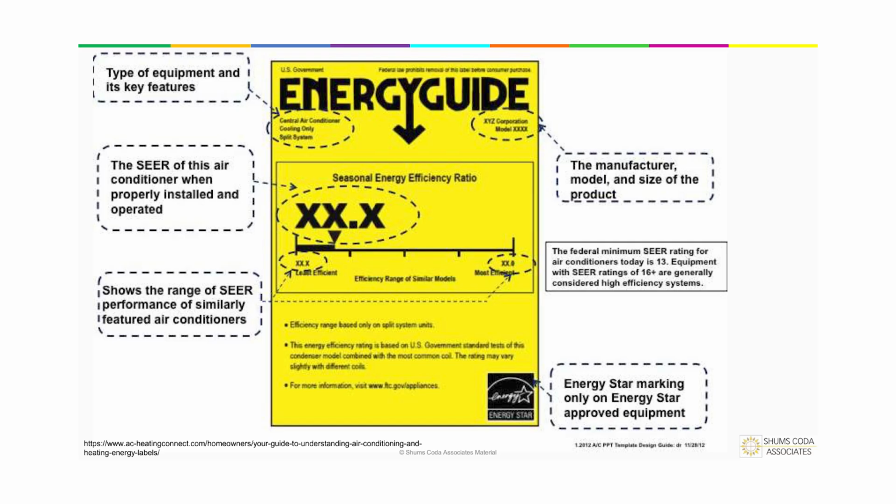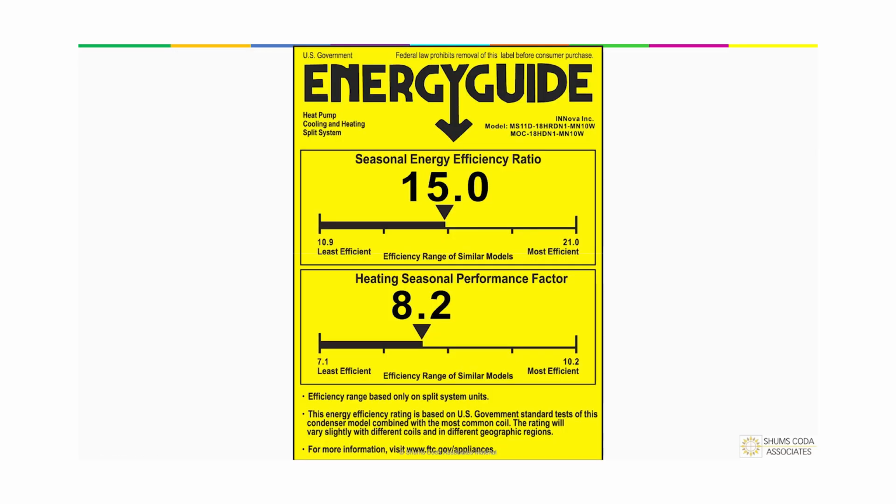This says that, hey, here's an Energy Star one. So here is one for a heat pump. So here is our seasonal energy efficiency ratio. That's our SEER, right? So that's for our cooling. And the cooling is saying that it's a 15 SEER. So this is the information for the make and model. This is saying heat pump, cooling, heating, split system.